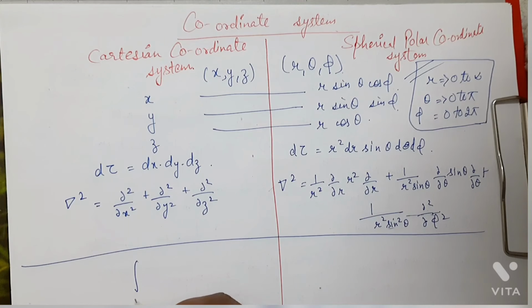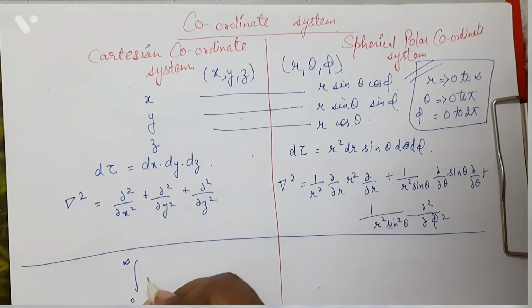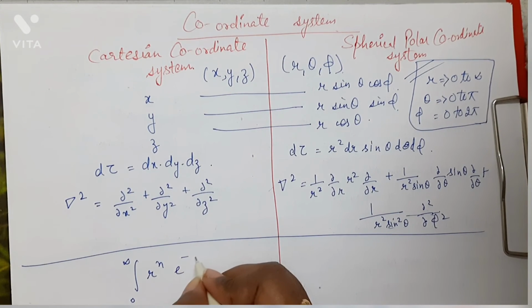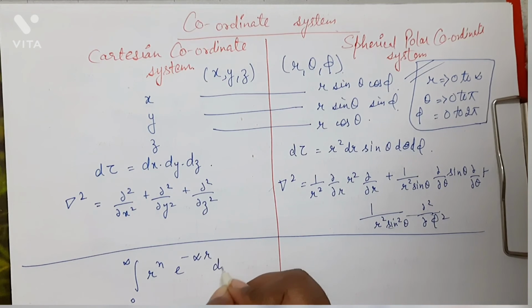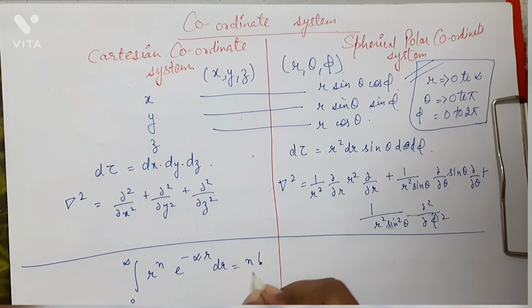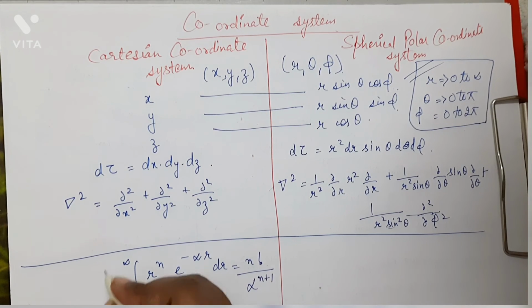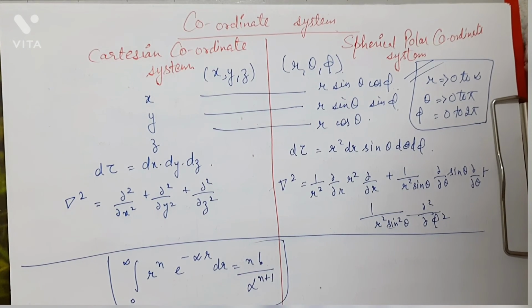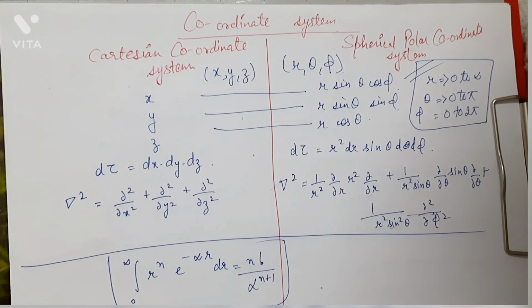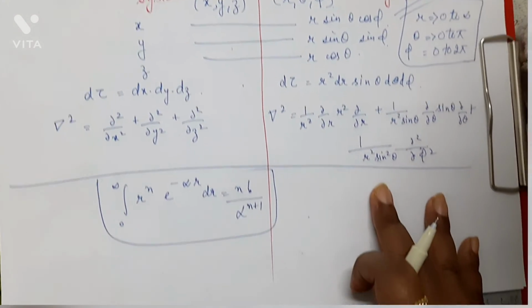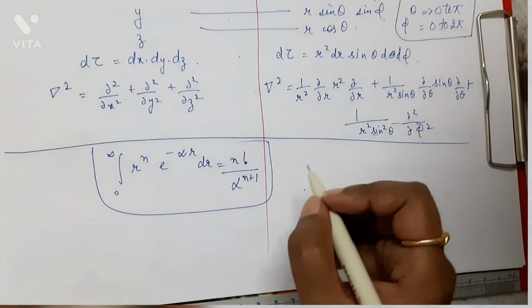So one is the integral from 0 to infinity of r to the power n e to the power minus alpha r dr, which is equal to n factorial upon alpha to the power n plus 1. This is something which you need to remember, right? Now just two more formulas left.